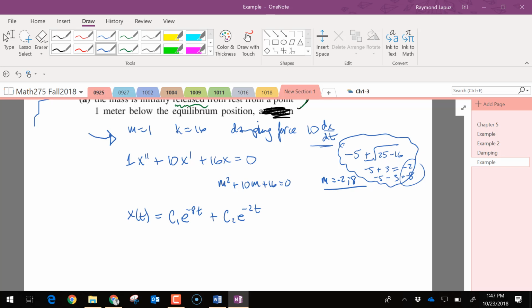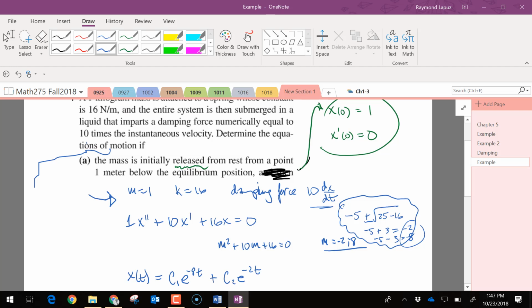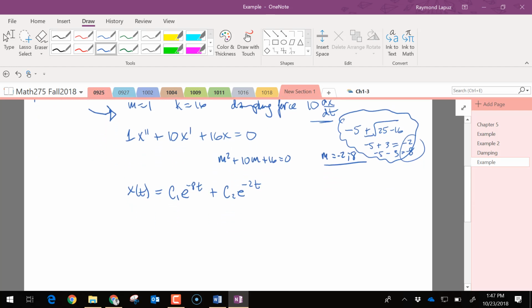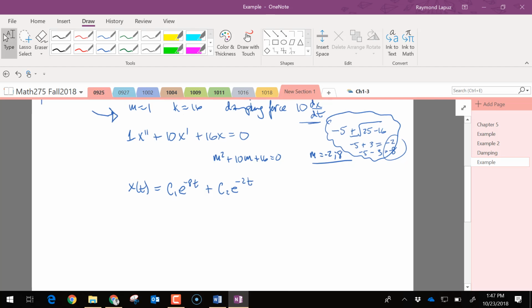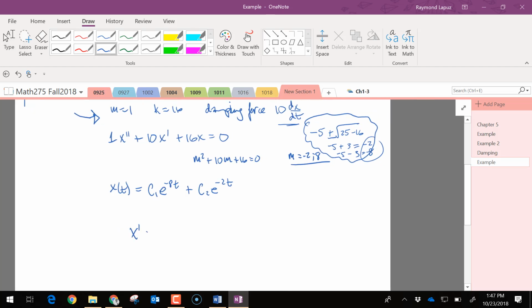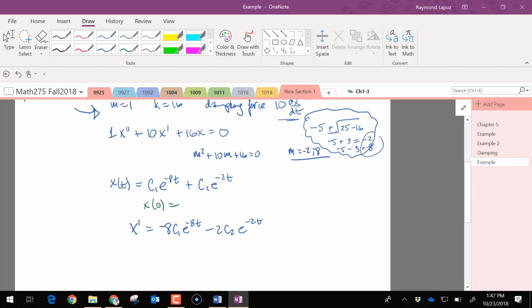All right, let's use our initial conditions. That's x of 0 is equal to 1, x prime of 0 is equal to 0. So we need a derivative. So this is minus 8c1 e to the negative 8t minus 2c2 e to the negative 2t. And so we'll use our initial conditions when our function itself is equal to 0. We want it to be 1.